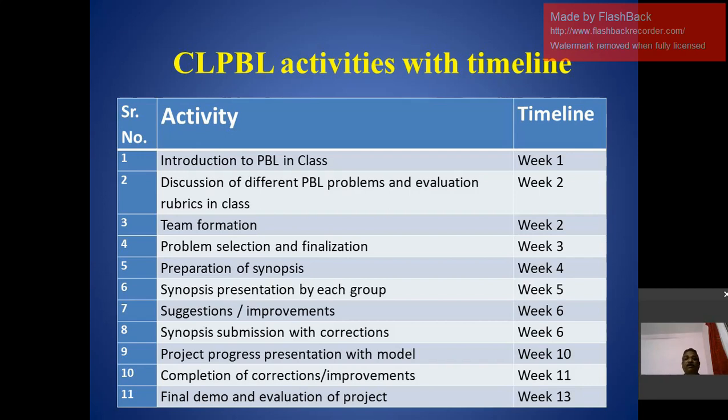Then students will form the project teams. Group size may be 4 students per group, 5 students, 6 students. It depends upon how many students are there in class and how many problems you have defined.